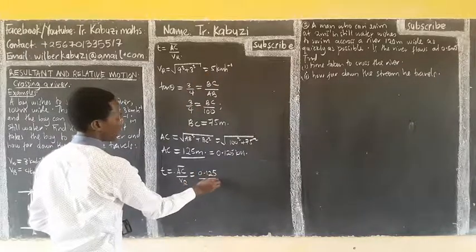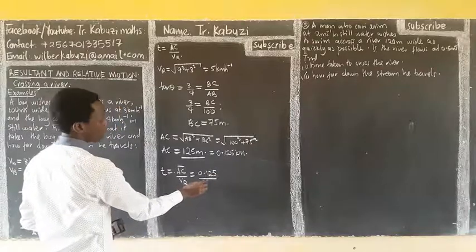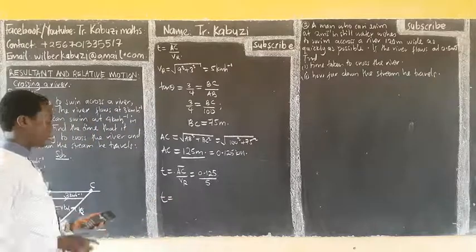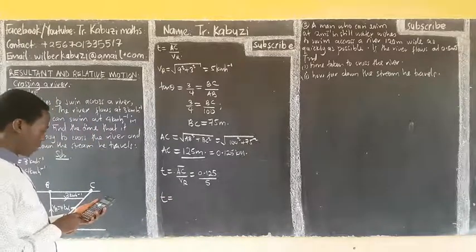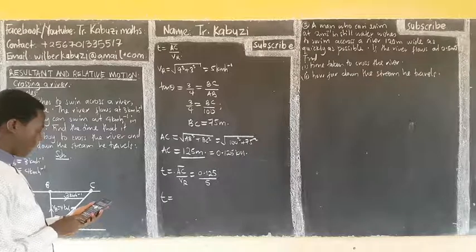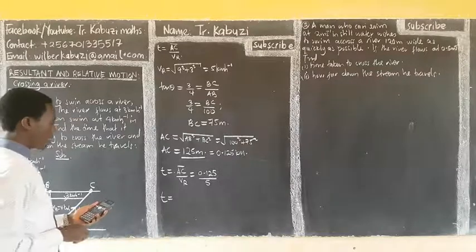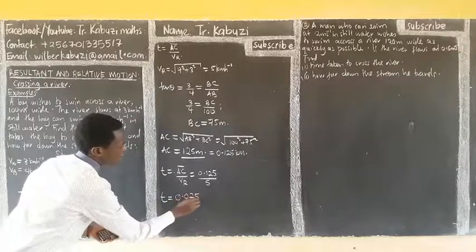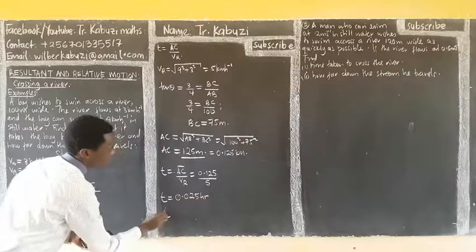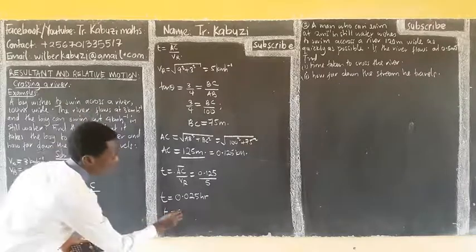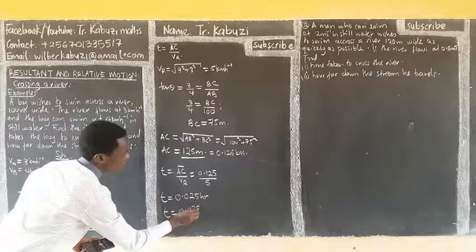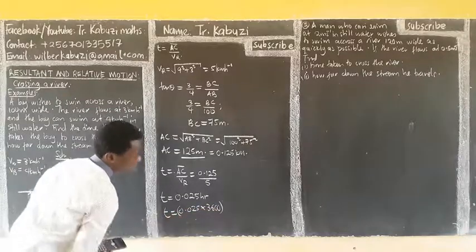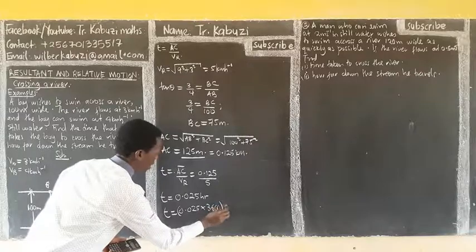0.125 over VR was that. So our time now is going to be 0.025 hours, which, if you convert it to seconds, is 0.025 times 3600 seconds.